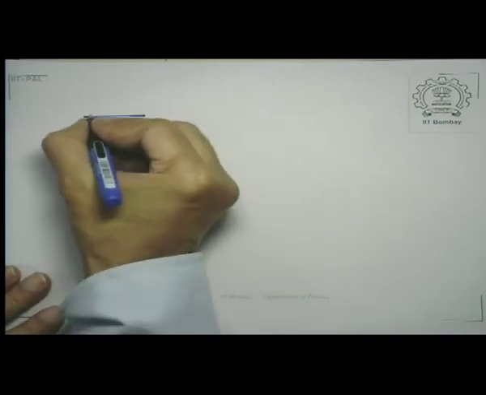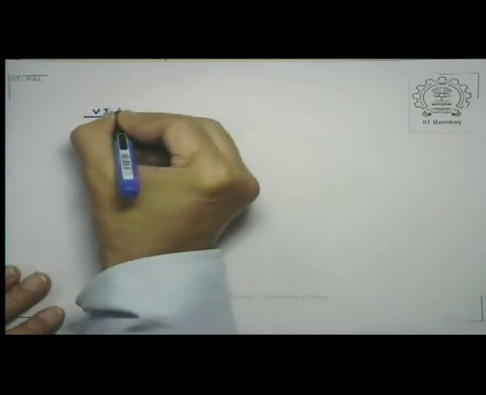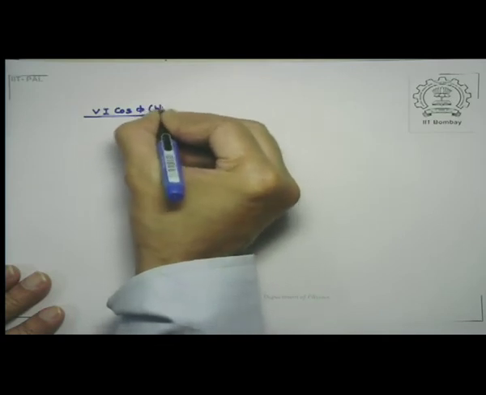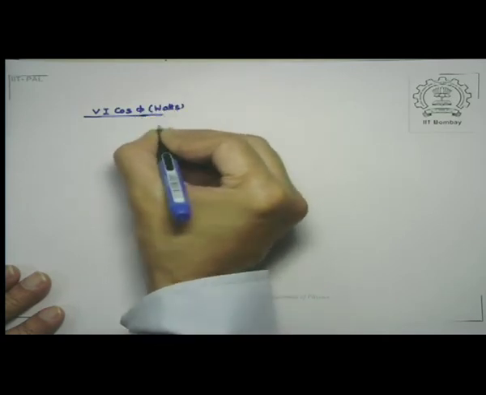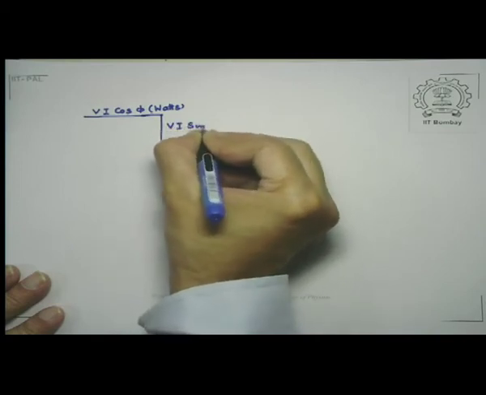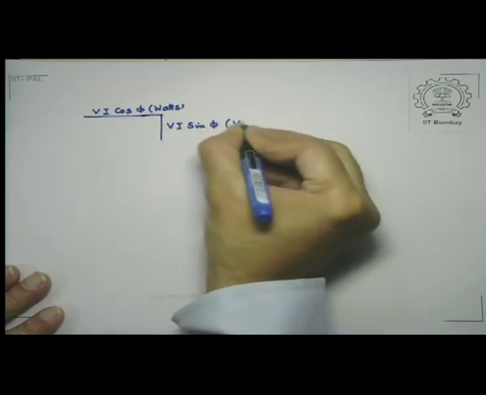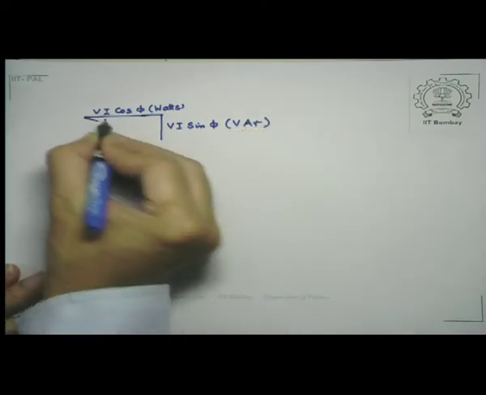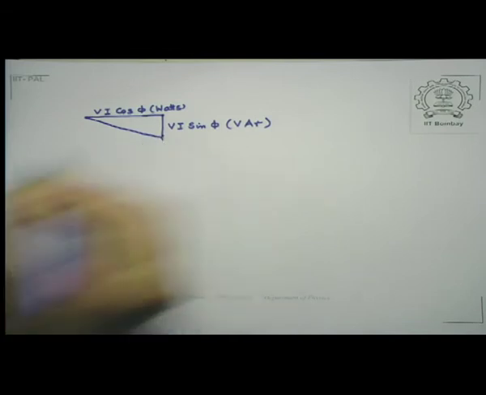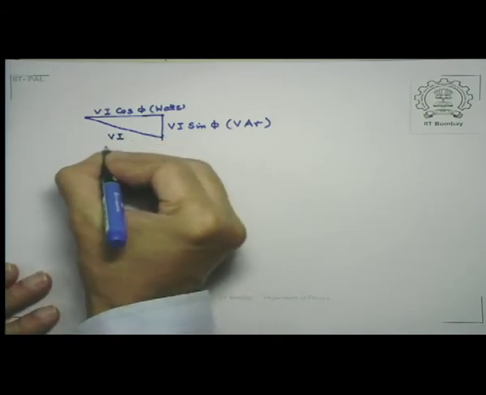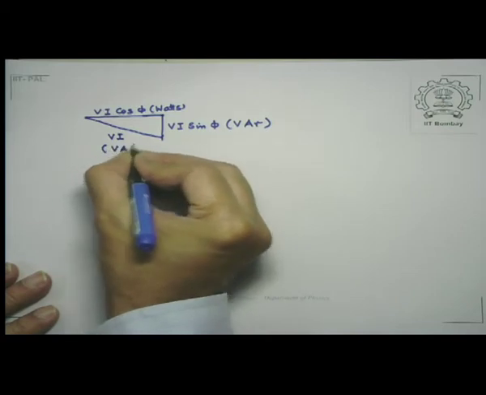So this is VI cosine phi. This, as I said, is measured in watts. The wattless component is here, VI sine phi, which is in VAR, and the apparent component is along the hypotenuse, which is simply equal to V times I, and this will be measured in volt ampere itself.